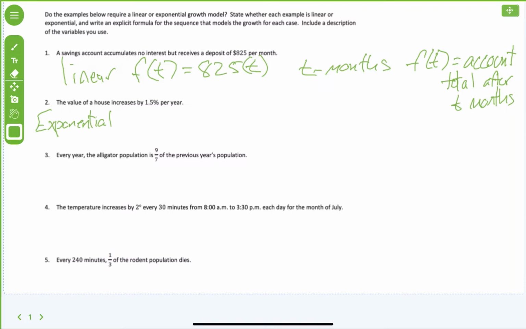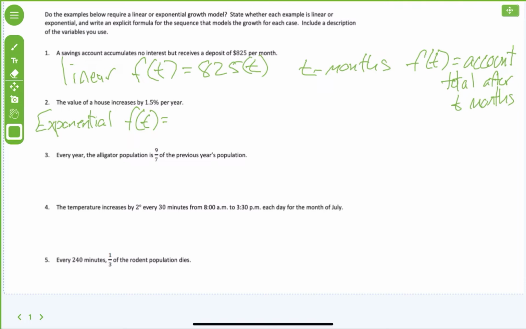In the previous problem, it didn't matter how much was in the bank account the previous month. It was just going to be $825 going into it, no matter how much was in it the month before. Here, it depends on how much the house is worth the previous year, because it's going to go up by 1.5% of that amount.